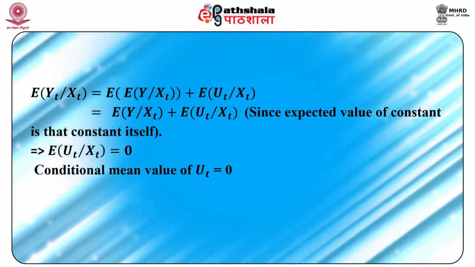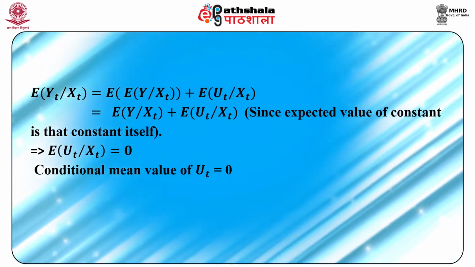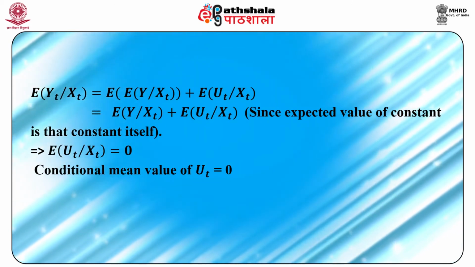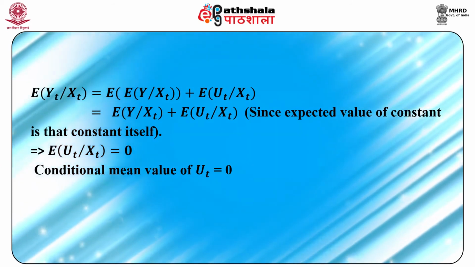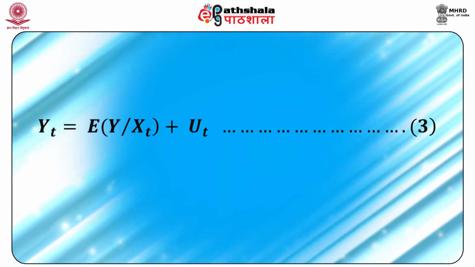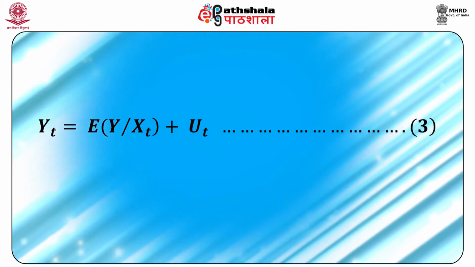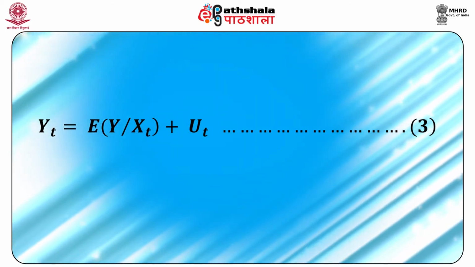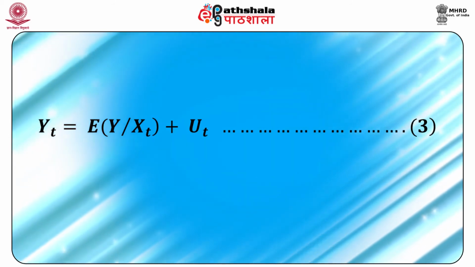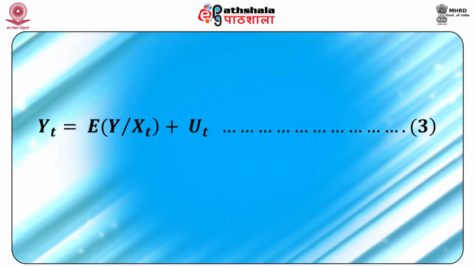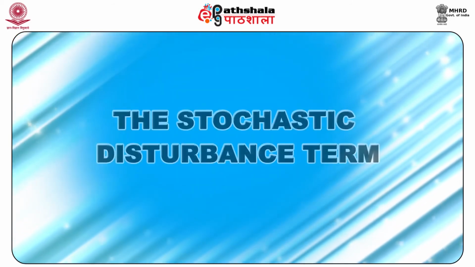So, what we are trying to say is that the left hand side, which is equal to expected value of yt upon xt, is equal to the first term on the right hand side. Now, the stochastic specification in equation 3 therefore clearly shows that there are other variables apart from income which affect expenditure on consumption, and income alone cannot explain individual family consumption expenditure.